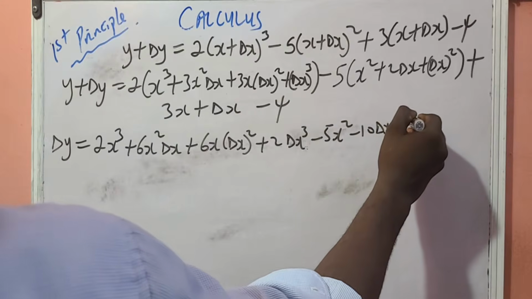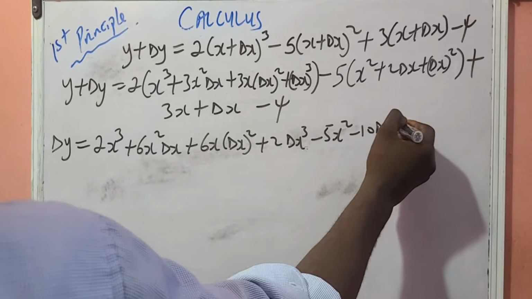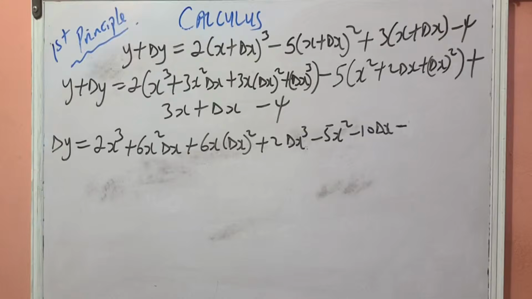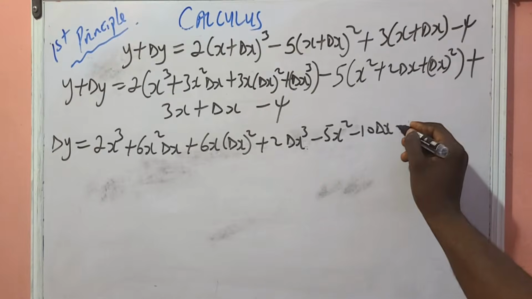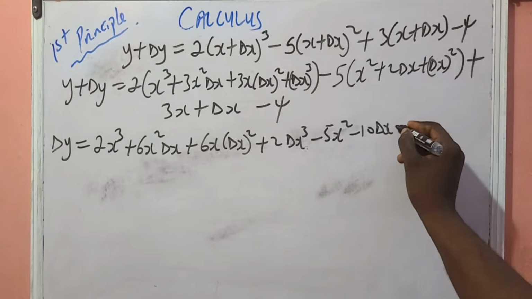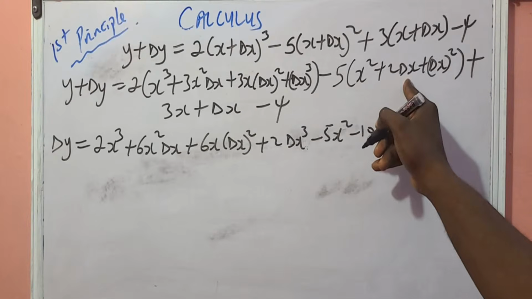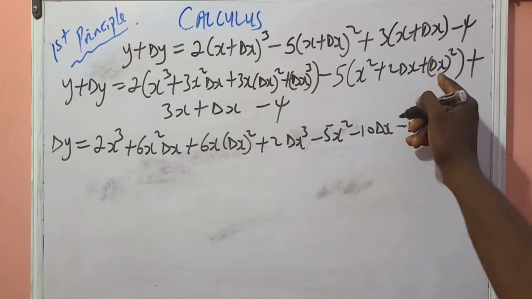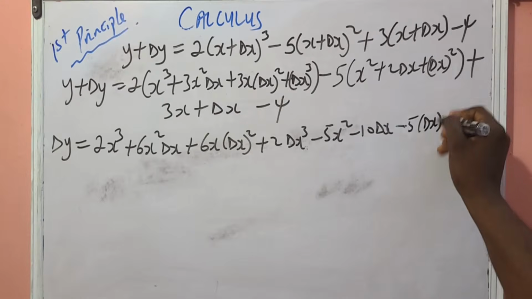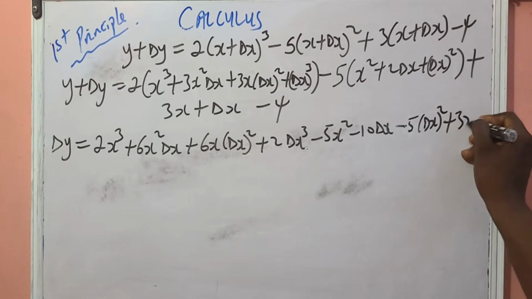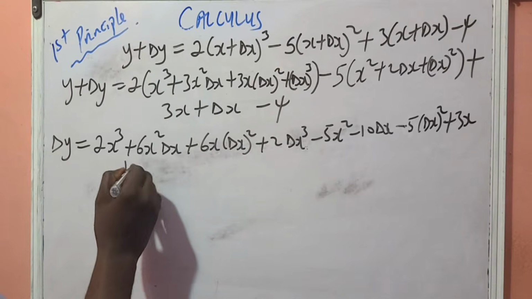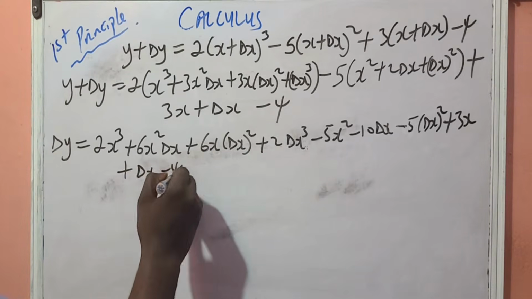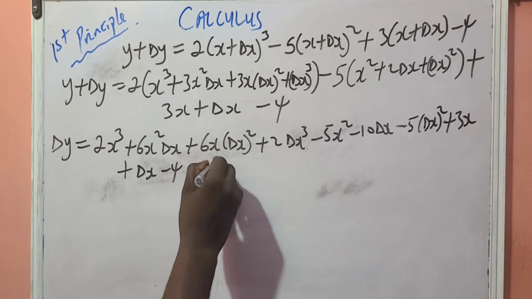I'm hoping I'm not doing anything wrong, because at this point I'm also trying to be very fast. So where am I, by the way? I think I've done for this. I think I have to do for this last one, the x squared, then plus 3x, then plus 3 delta x minus 4, then I will now have minus y.